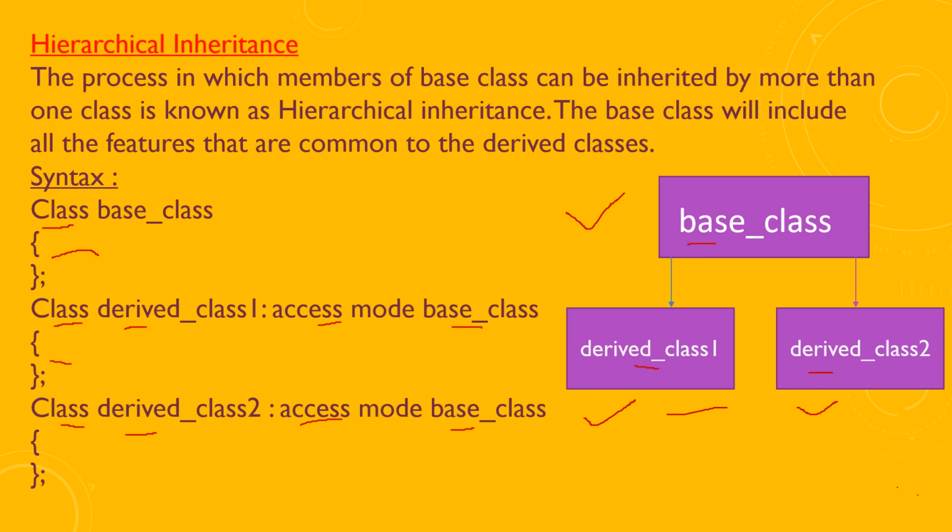So we will write this base class name after the access mode, and then again the members will be kept inside the curly braces, and then we close the derived class also. So this is the format of hierarchical inheritance. We can see that the base class will have the common properties or attributes which are required by both derived class 1 and derived class 2. So this is the concept of hierarchical inheritance. We will now see it with the program.